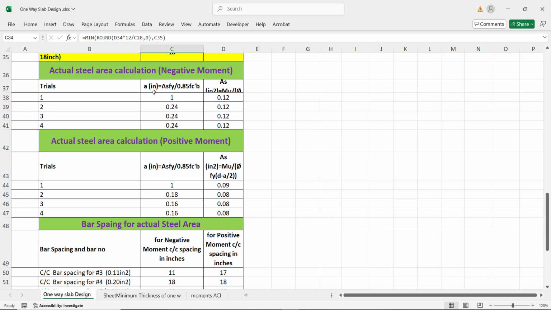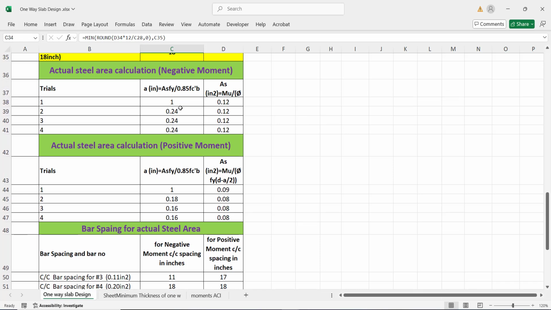Suppose we have the moments, and this is the calculated area. So 0.12 is the actual one, 0.14 is the minimum, and 0.12 is the actual, and this is for the negative, and this for the positive.